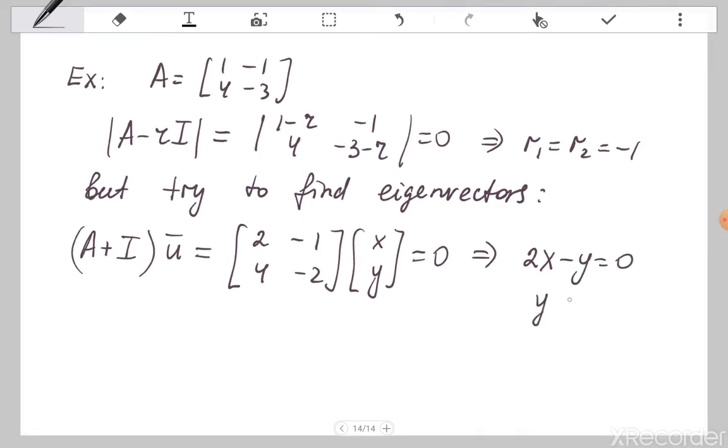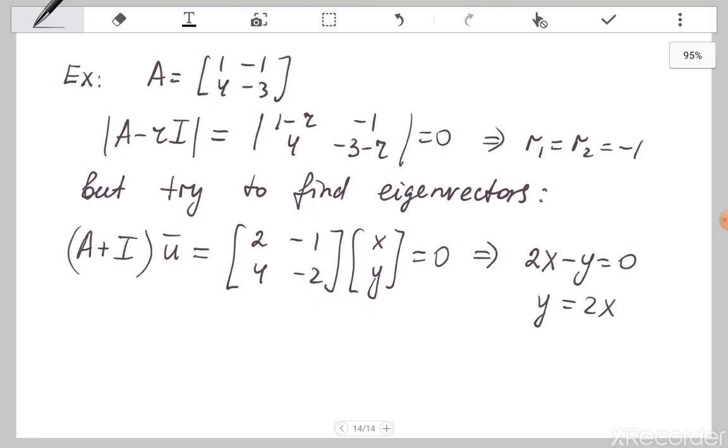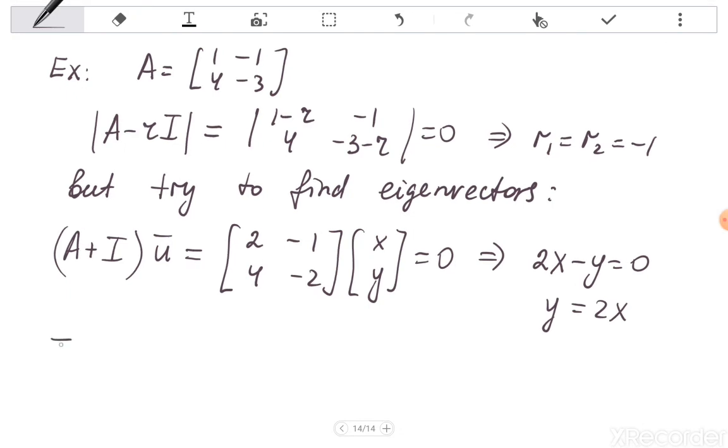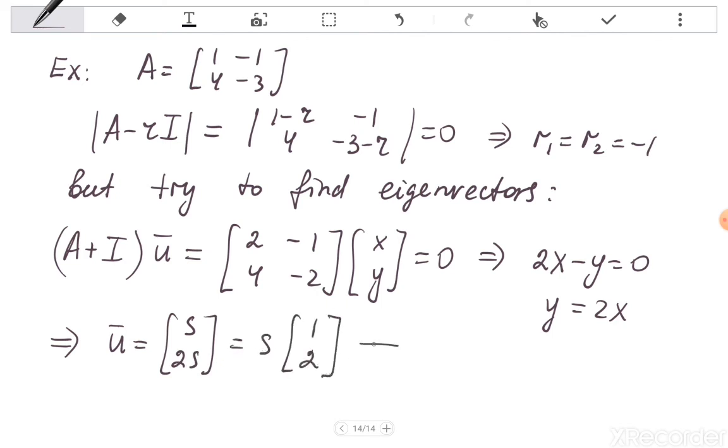So y equals 2x. So it means that u is, if we take, let's say, s to be x, then y will be 2s. So this is s times 1, 2. So all eigenvectors are only in this form. So there are no two linearly independent eigenvectors.